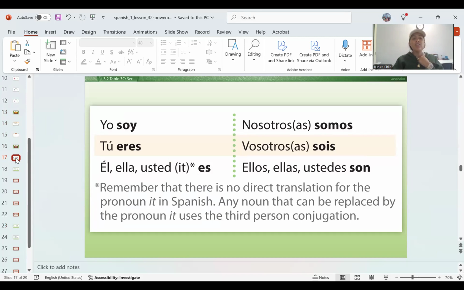And here we're gonna learn the verbs ser and estar. So in English, the to be verb, it means in Spanish ser or estar. So it has those two meanings, okay? It can be a little bit confusing for people learning English, because it's just that one verb to be for two verbs.